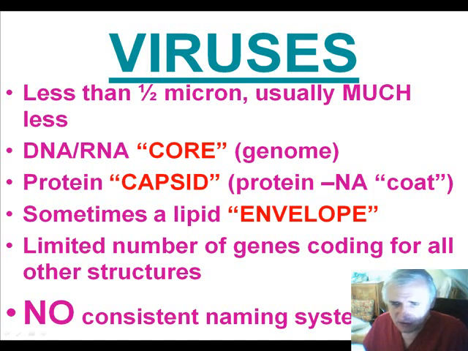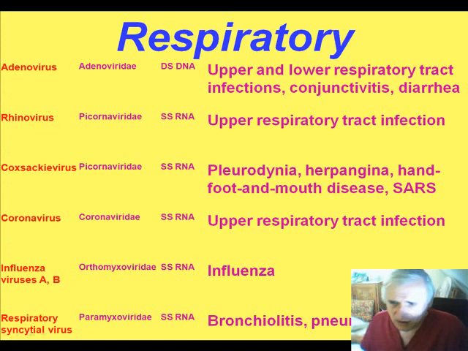There is no consistent naming system for viruses. I'm sure someday there will be, and we'll all have to learn a new nomenclature. But for now, we have to go by the old system, and they generally are not logical. So practically speaking, in pathology, the best way to classify viruses is by system.